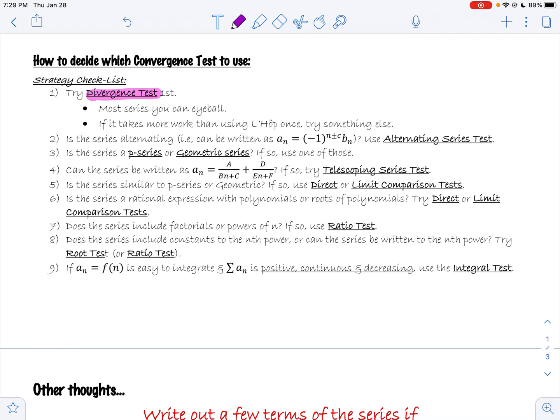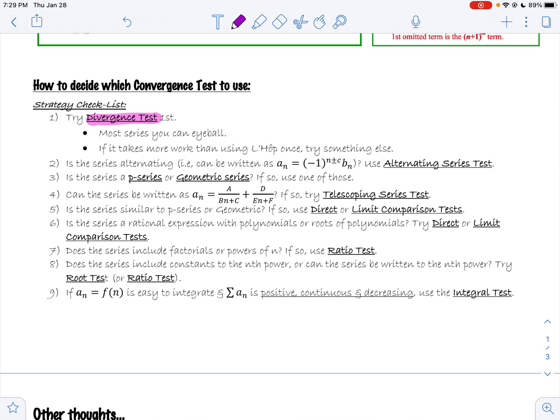And then after that, remember we talked about the other day in class that the best test to use when the alternating series test doesn't work is the divergence test.